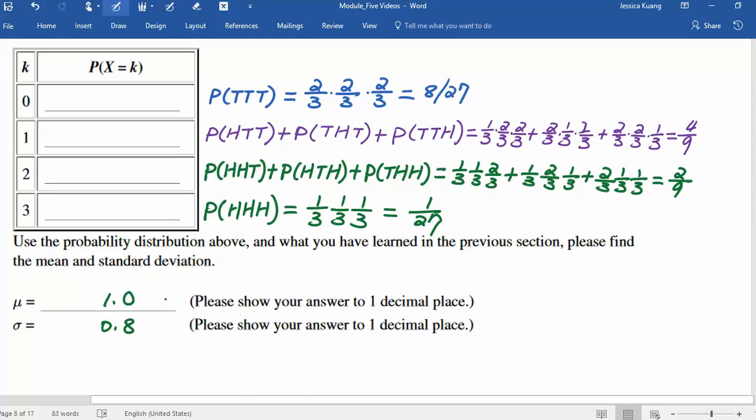And we could use a formula to find the mean and the standard deviation. So in the next exercise, with the next video, I'm going to show you how to use your graphing calculator to find all those probabilities and give you a formula to find this mean and standard deviation. And from this point on, the calculation for binomial distribution will be much easier.